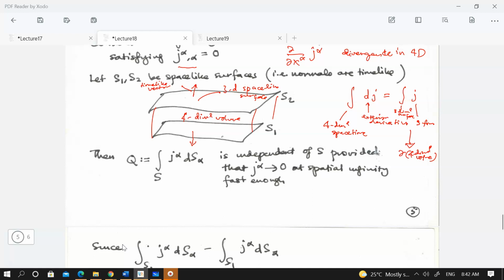But the idea is now I can rewrite this part as the integral of your j over the boundary.